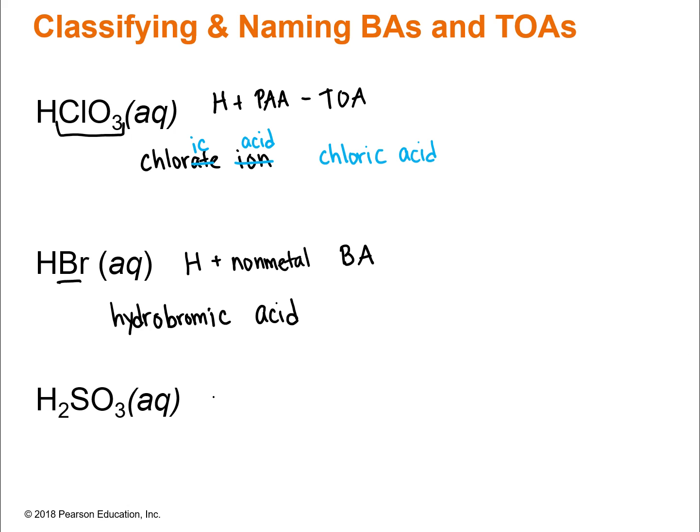The third example, we again have a hydrogen plus a polyatomic anion. So that means we've got a ternary oxyacid. You look up this anion. It's the sulfite ion.